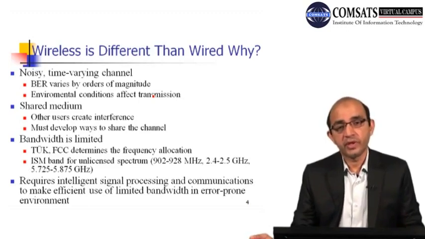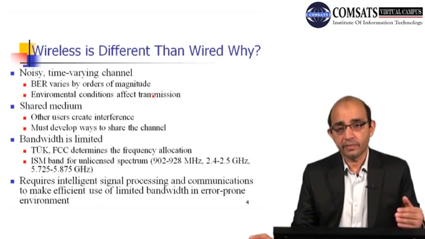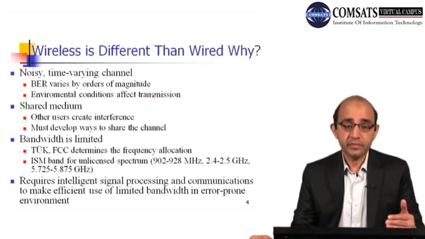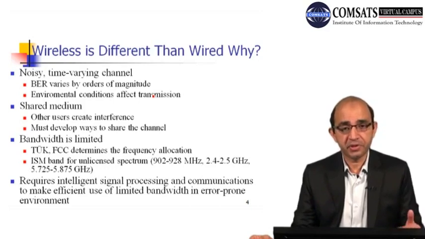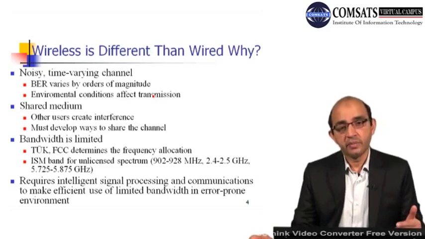For example, we can shield it to avoid electromagnetic interference. We can also build the jacket or the cladding in such a way that environmental parameters, temperature, pressure and some other parameters, have a minimal effect on the wired media.